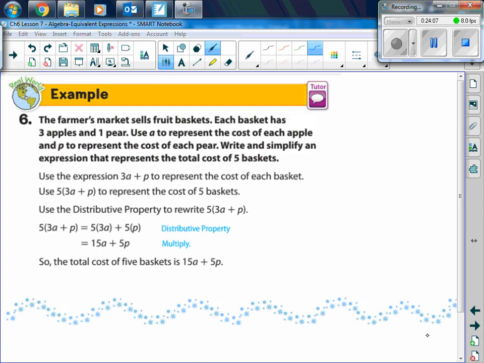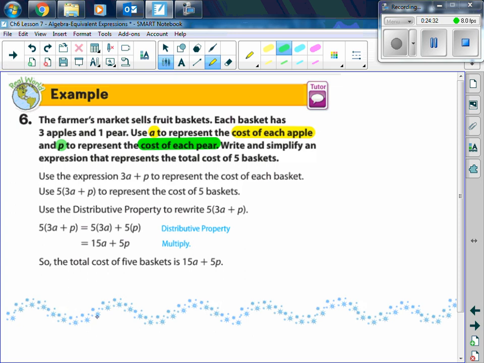So for example 6, it says the farmer's market sells fruit baskets. Each basket has 3 apples and 1 pear. We're going to use A to represent the cost of each apple, and we're going to use P to represent the cost of each pear. We want to write and simplify an expression that represents the total cost of the 5 baskets.